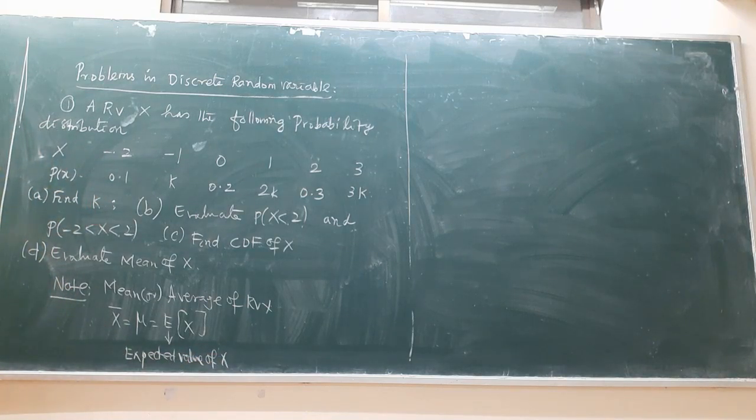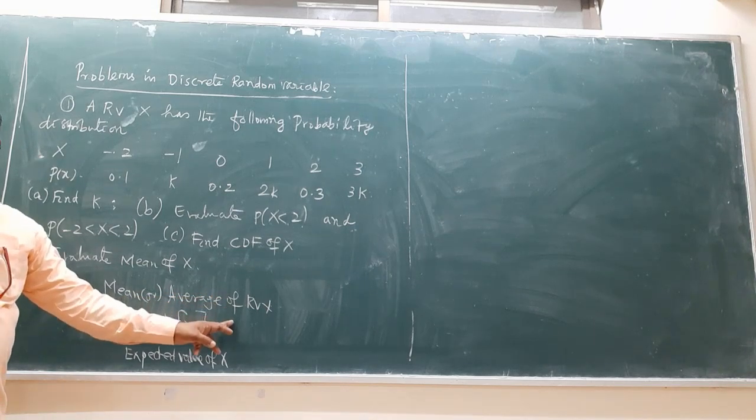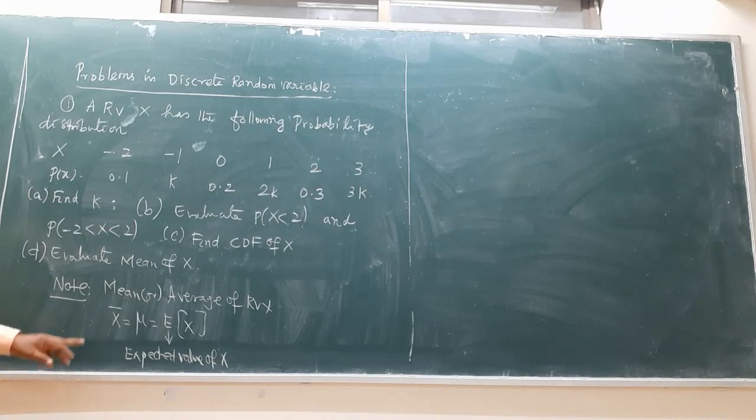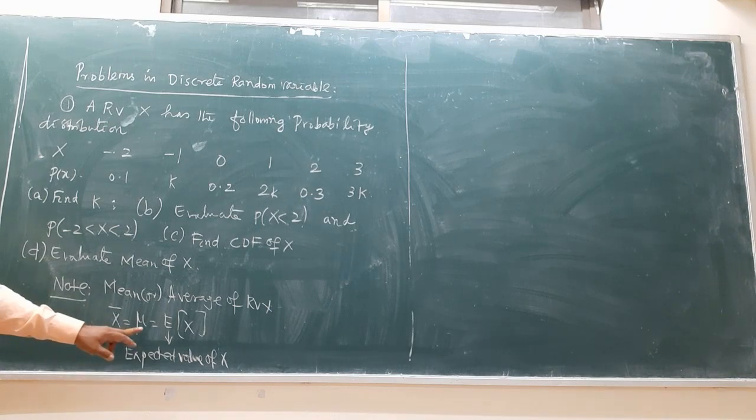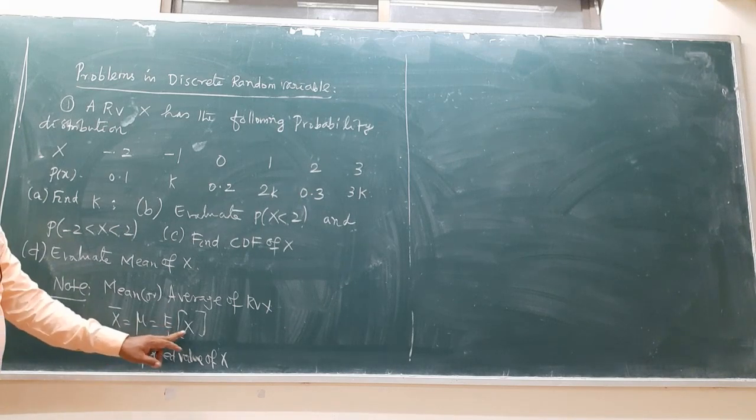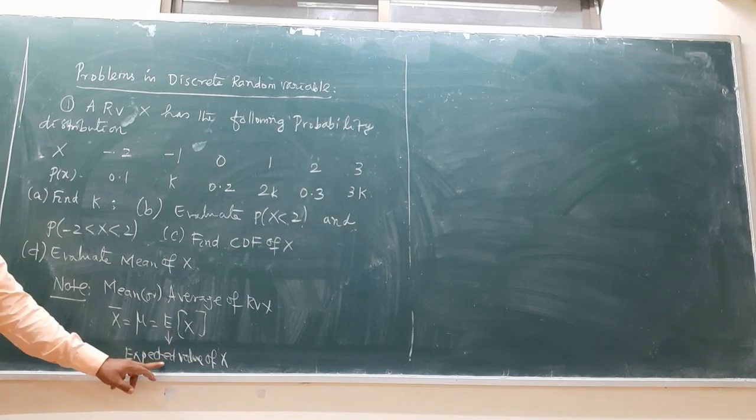So what are the notations for the mean? Mean or average or expected value, all are the same. The notations are either x bar, as you have already seen in unit 1 when finding the arithmetic mean, or mu, or E of x. E of x means expected value of x.